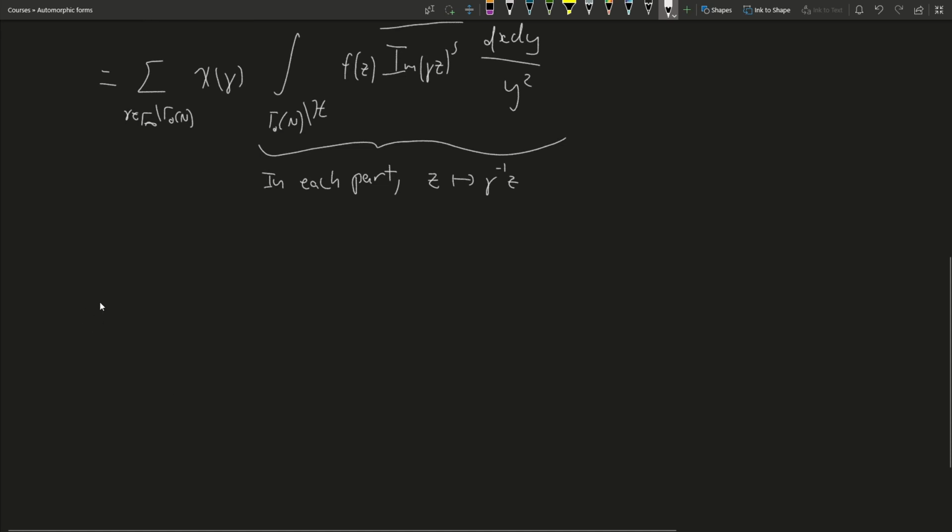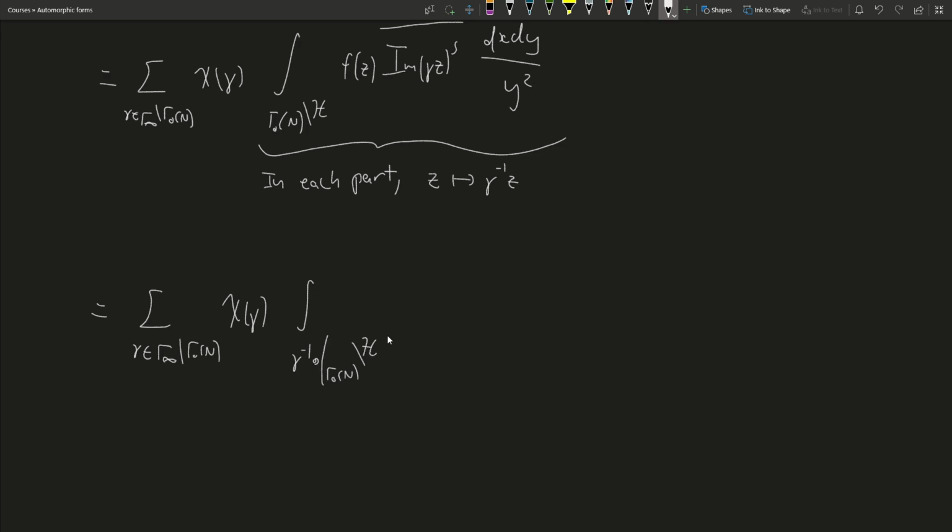And what we end up getting is that this is a sum over γ in Γ_0(N) mod Γ_∞ of χ(γ), and then the domain we're integrating over is going to be γ inverse acting on this fundamental domain. And then we have an f of γ.